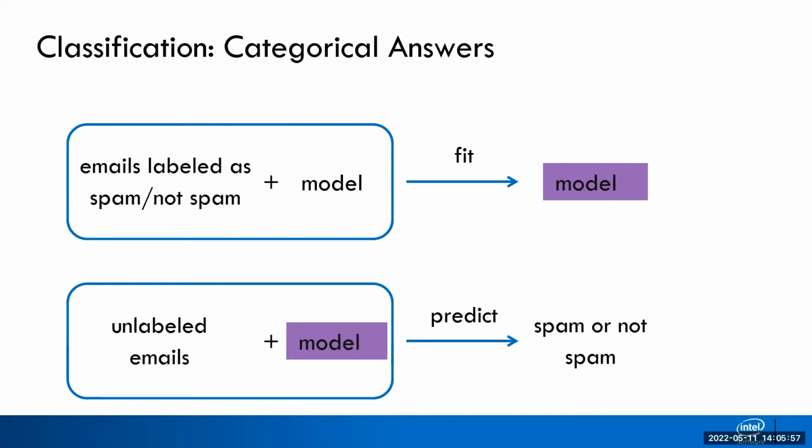An example is catching spam emails. You fit the model with lots of information about emails which are labeled as spam. You provide the details and fit the parameters, and then you place the unlabeled emails as test data and predict whether each is a spam email or not. So this is an example of classification.